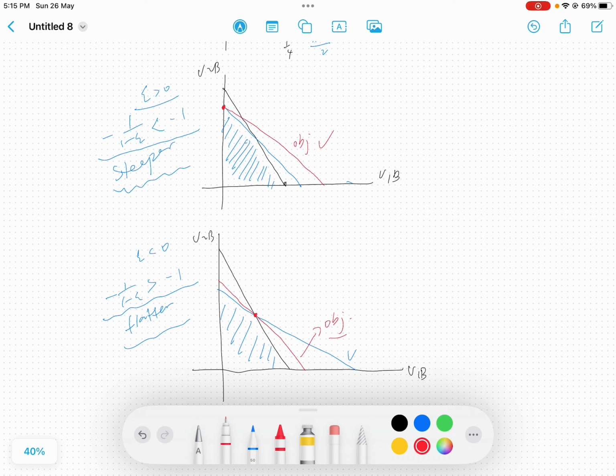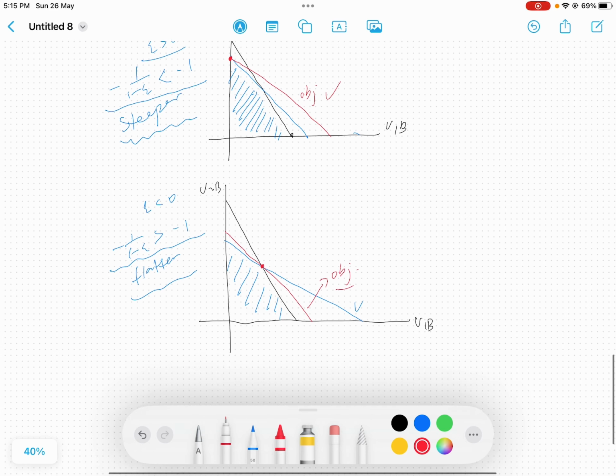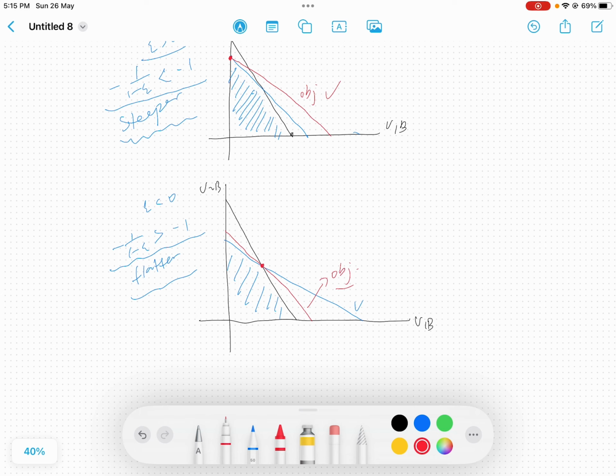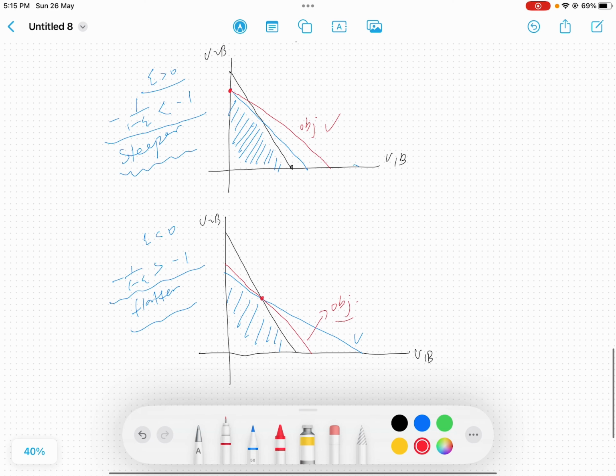Intuitively, the different values of epsilon mean different effects, either substitution or complementary effects for the two investors together. And that essentially leads to different results for this linear programming problem.